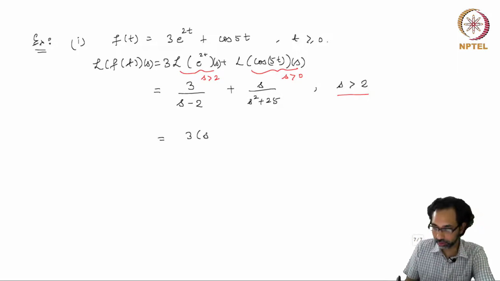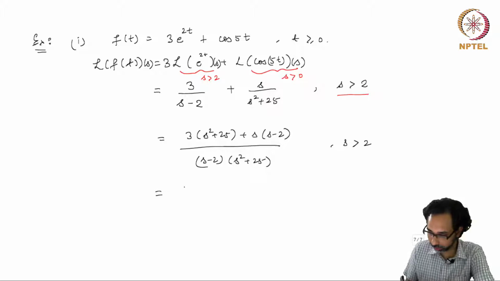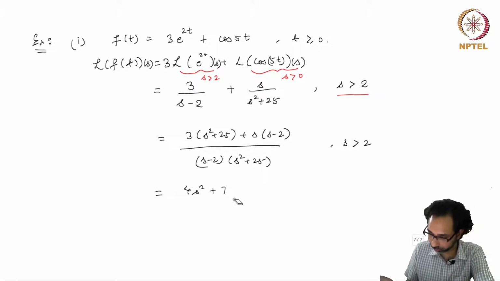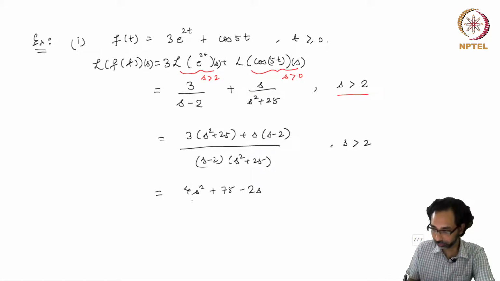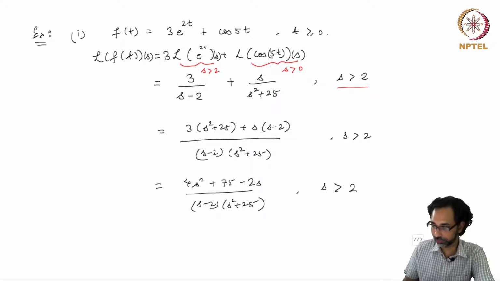You can try to write it in this form, plus s minus 2 by s minus 2 times s squared plus 25, s greater than 2, and here one gets 4s squared plus 75 minus 2s over s minus 2 times s squared plus 25. So for this region s greater than 2.